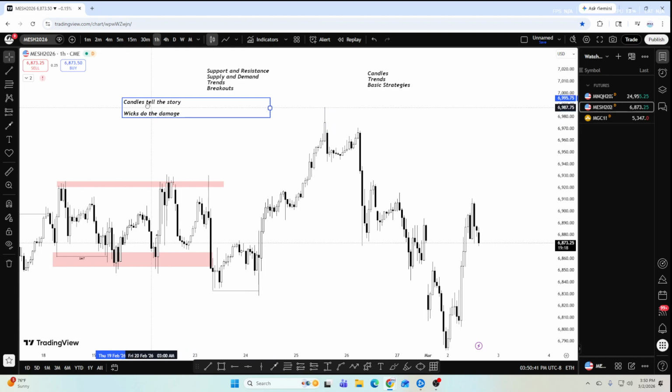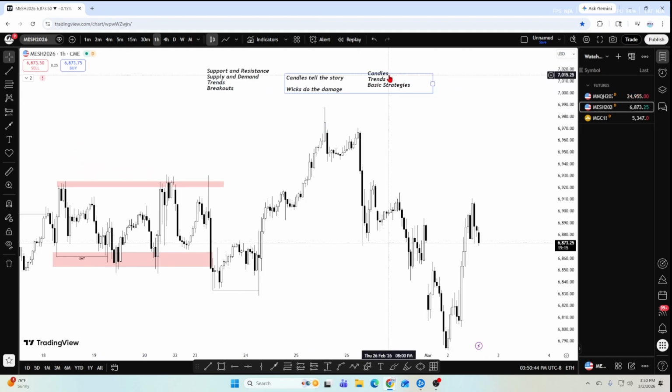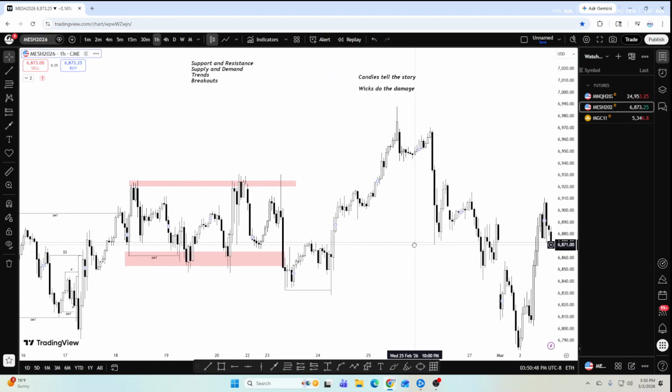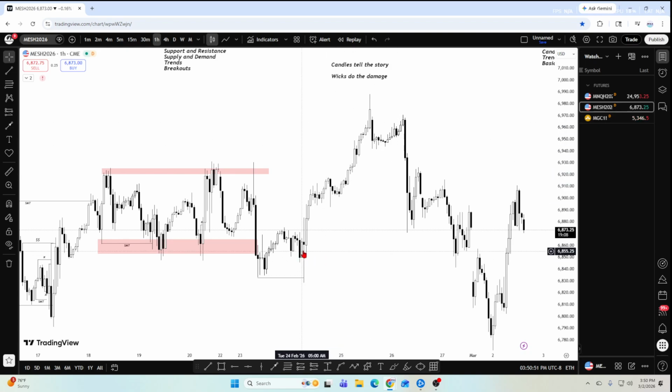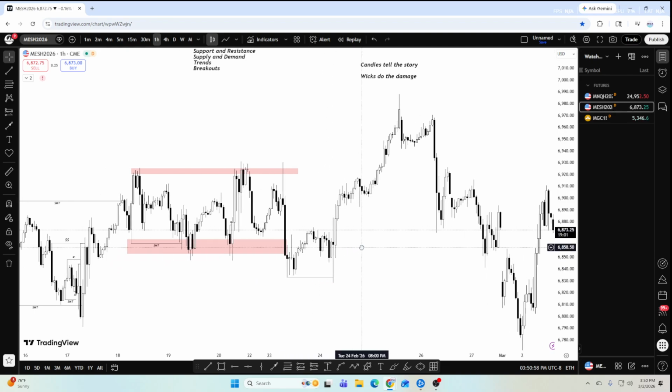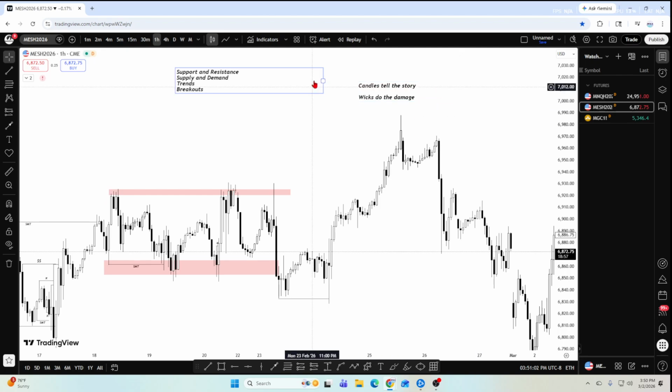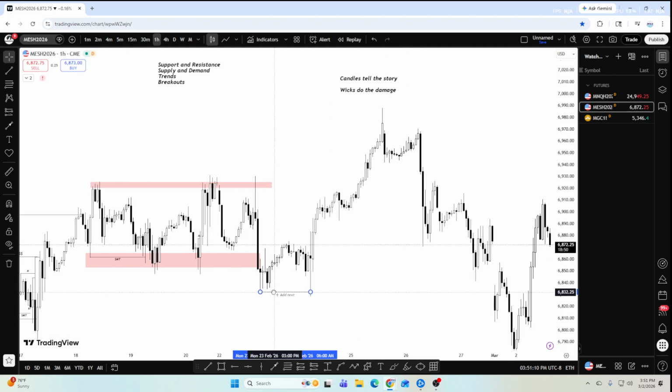Now, this kind of will hint into something that we'll go over later on, but candles tell the story, wicks do the damage. Now, again, repeating what a candle and a wick are, the wick is going to be the line, the candle is going to be the body. One thing we'll go over is exactly what this means, but for you guys to start to understand this, at least just see on a chart what I'm trying to get at here, right?